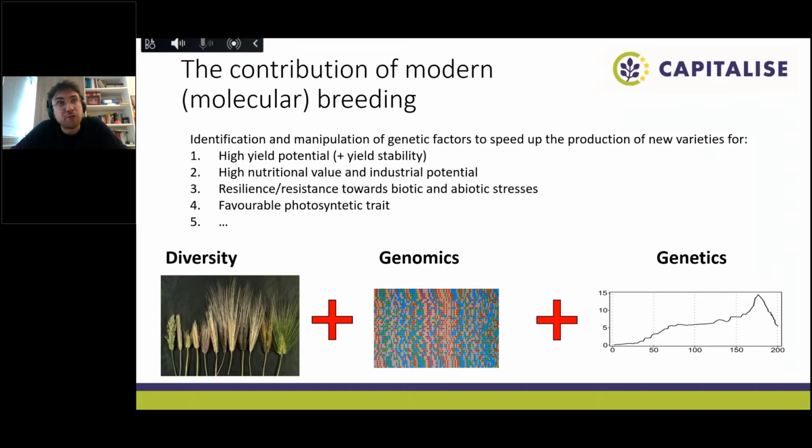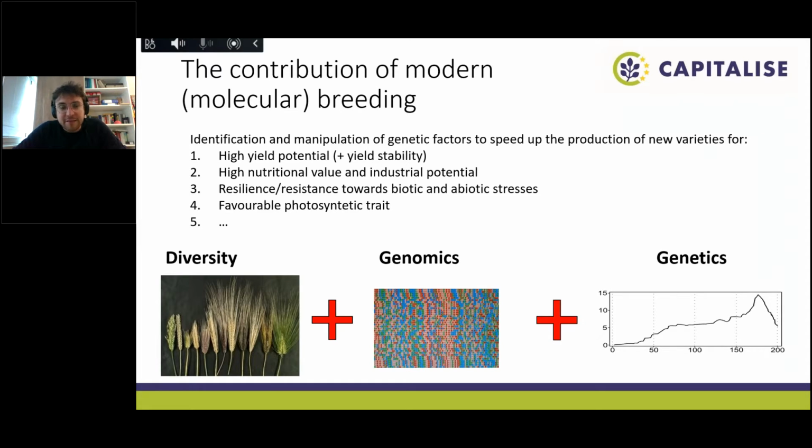So the idea is to use the knowledge that we are developing also within Capitalize, but of course in many other projects and in many other scientific endeavors, to source into natural diversity, natural allelic diversity, and try to use this information to support the production of new varieties which address these challenges, including a higher efficiency for photosynthetic traits, of course.